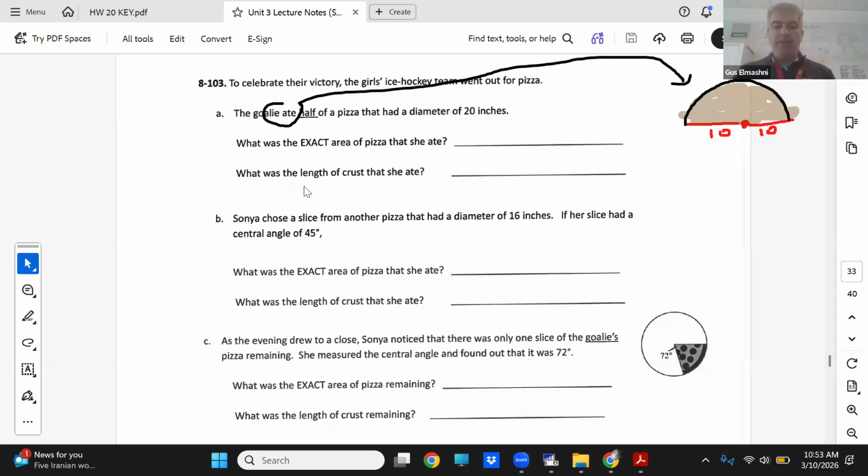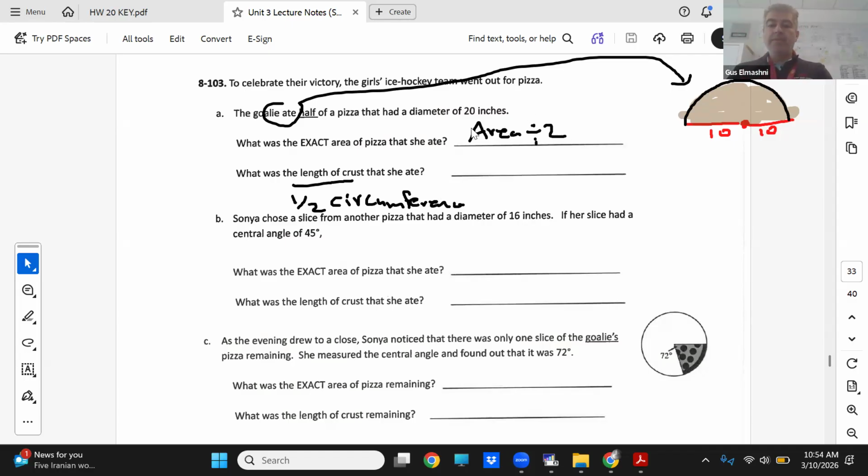So the length of the crust is going to be the perimeter, or half circumference. Wait, can we just find the area and then divide by two? Correct. That's exactly what we're going to do. Does that make sense, why I'm doing area divided by two?